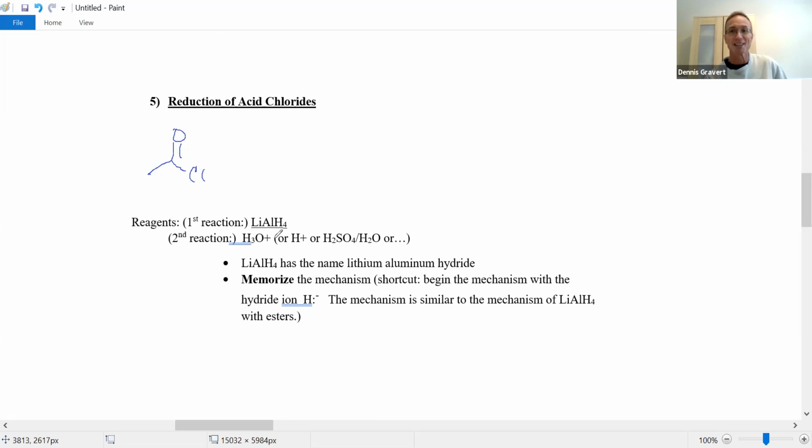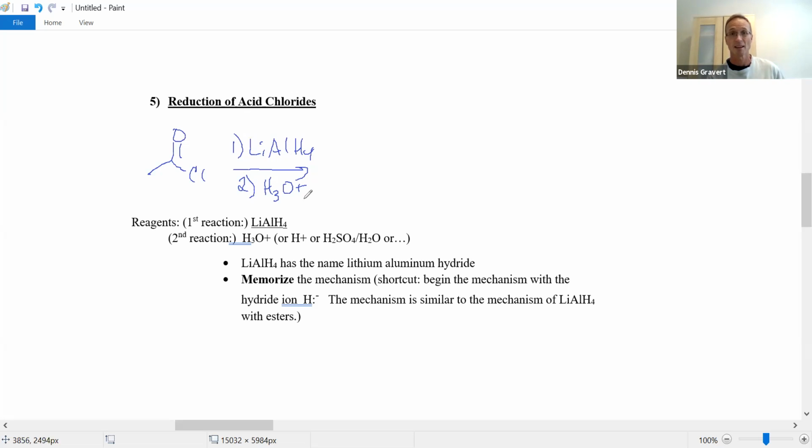Lithium aluminum hydride can react with a lot of functional groups, including acid chlorides. When you use lithium aluminum hydride, a strong reducing agent, we're always going to have a step 2 reaction, a second reaction using hydronium ion. Lithium aluminum hydride is itself a powerful base, and the products immediately following its reaction will have negative charges.